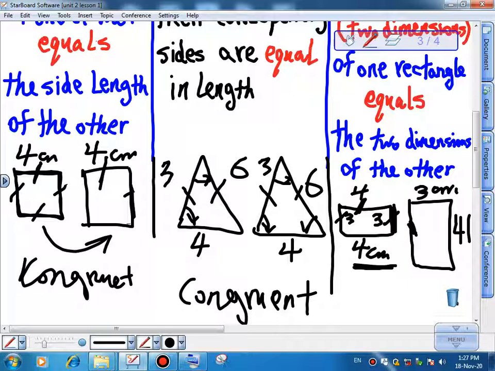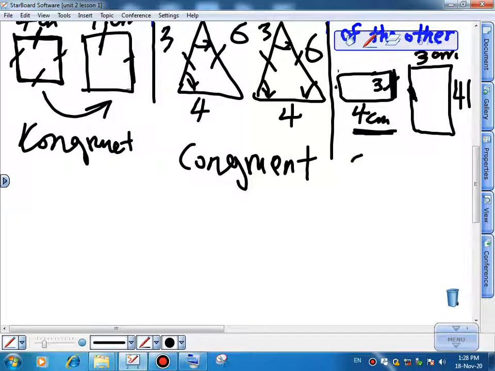So I don't need to check the other sides. In a rectangle, all angles are equal in measure and equal to 90 degrees, right angles. So if I have any two rectangles and the two dimensions, length and width, are equal, I will say that these rectangles are congruent.